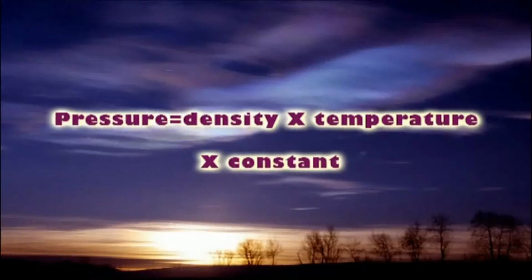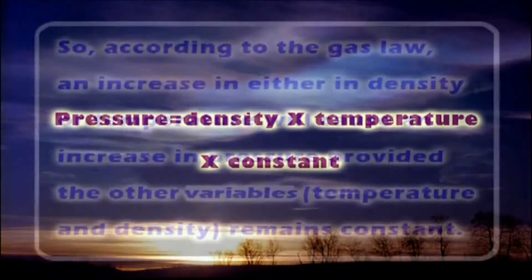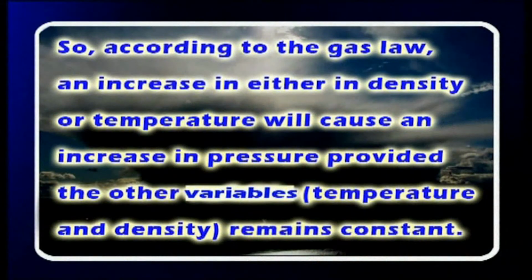The following equation, called the gas law, describes the relationship between pressure, temperature and density: pressure is equal to density into temperature into a constant. So, according to the gas law, an increase in either density or temperature will cause an increase in pressure, provided the other variable, temperature or density, remains constant.